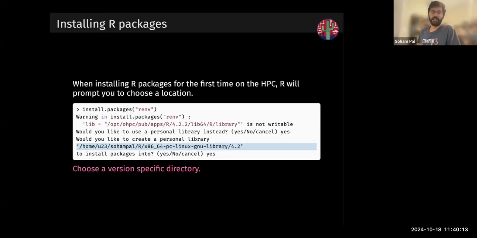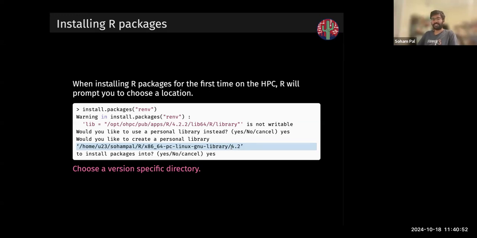So let's say I'm trying to install this package called renv, and I am using R 4.2.2. And when I try to install that, it will give me this path to install. Like this is the place where the package will be actually installed, and you can see that there is the version number 4.2.